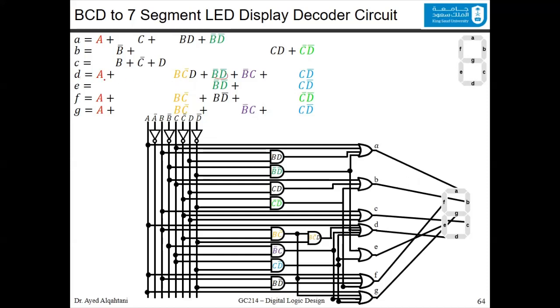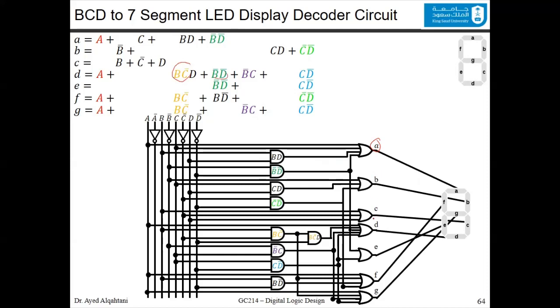For example, when we generated D, we already generated B C bar here, and then we took the output and included the D using another AND. Doing this, we could share the B C bar with other functions like F and G. And you can confirm for each function A, B, C, D, E, F, and G that the correct equation is implemented using primitive gates.